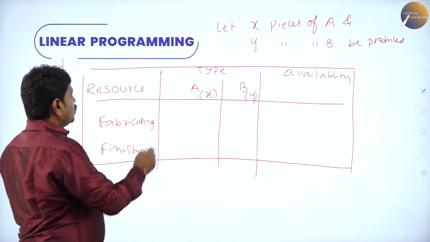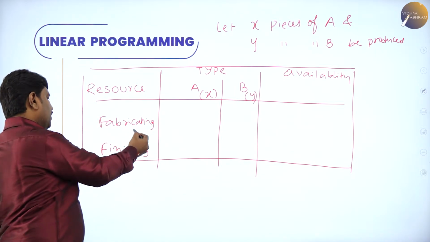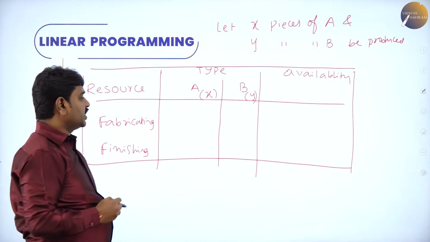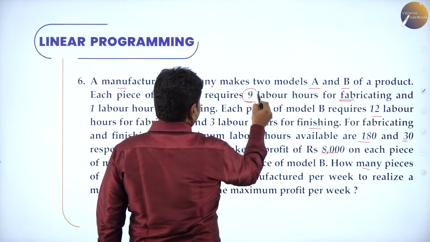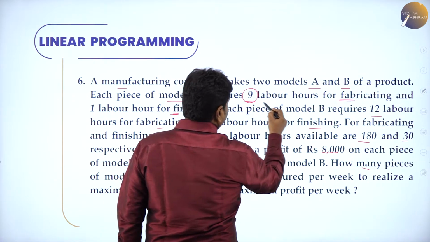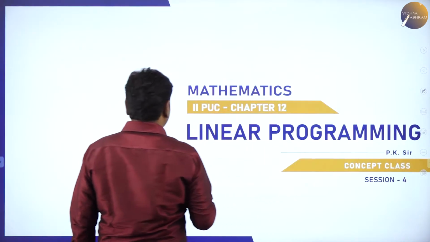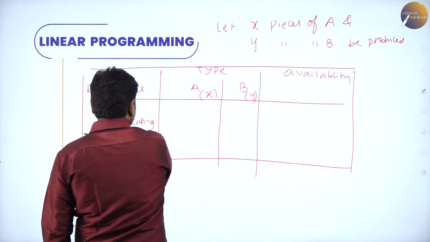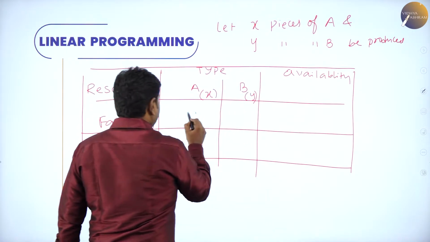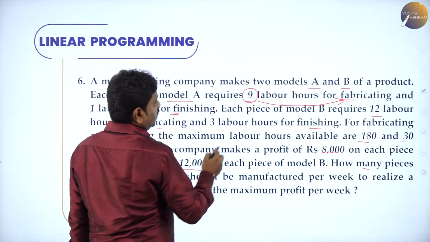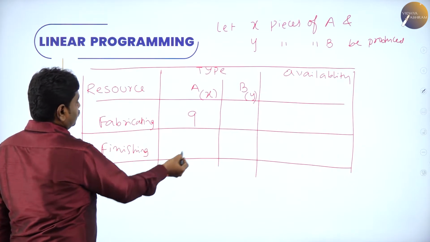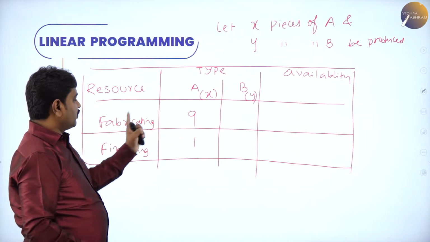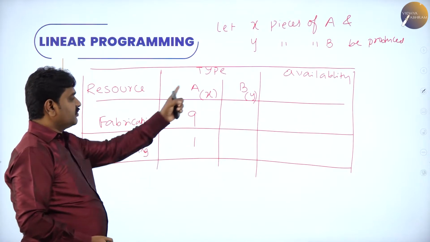So now to produce A, we need fabricating time as well as finishing time. So first we'll fill A. A requires 9 labor hours for fabricating. So in fabricating I'll fill A 9 hours. And for finishing, 1 labor hour for finishing. So this is 9 labor hours for fabricating, 1 labor hour for finishing for type A.